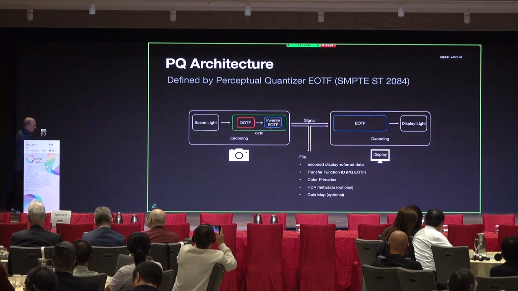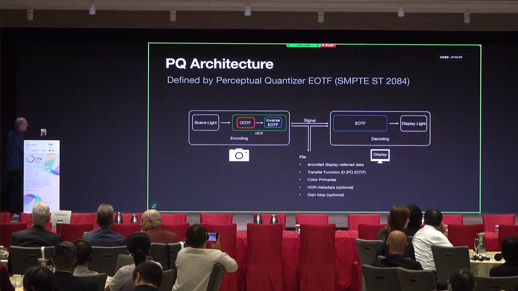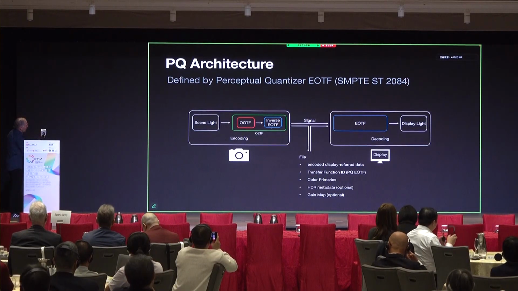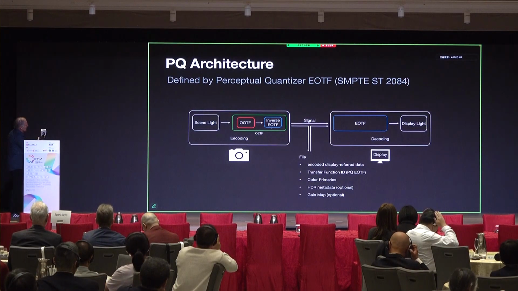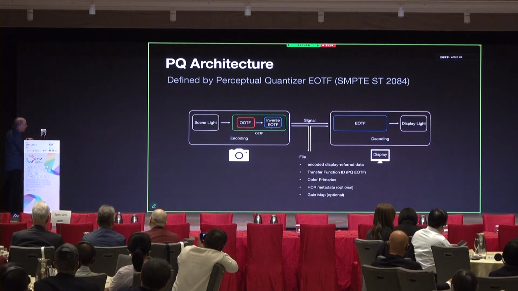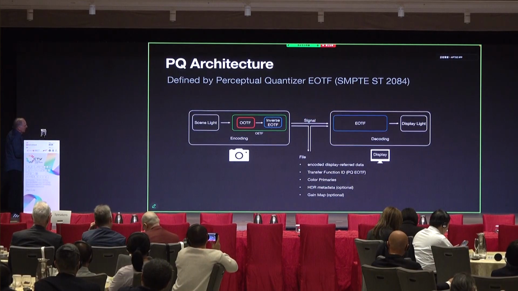Why is this important? Because those two standards, which I described to you before, are using different transfer functions. For PQ, the operation of converting scene light to signal is by applying the OOTF and inverse EOTF, and the signal that we receive is already in display referred data, and all we need to do is then apply this EOTF to convert it to display light.